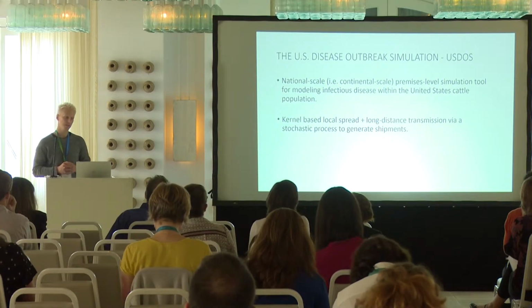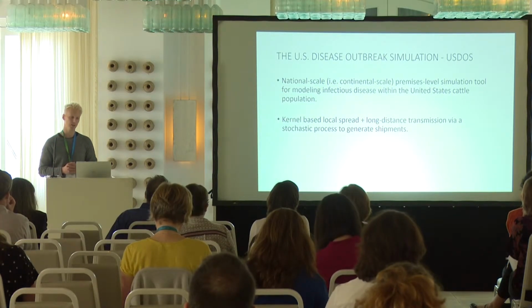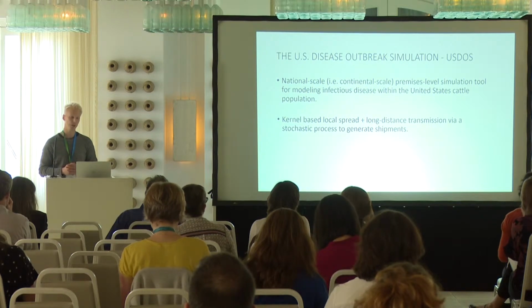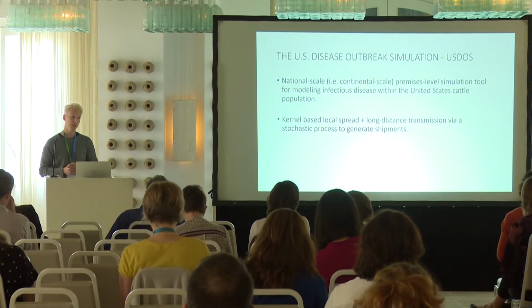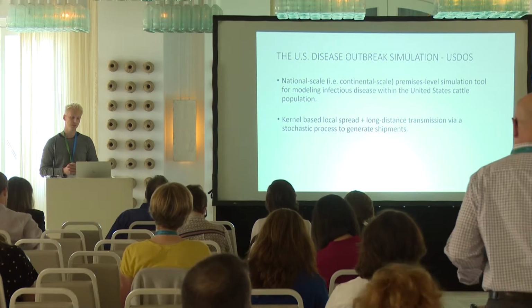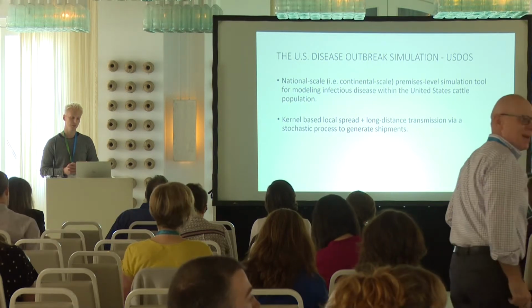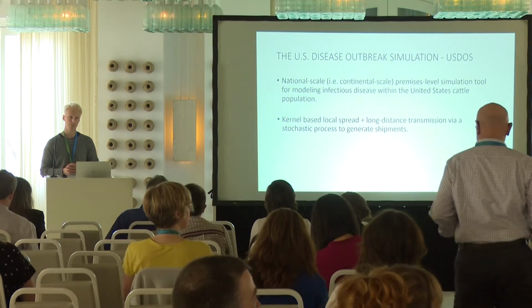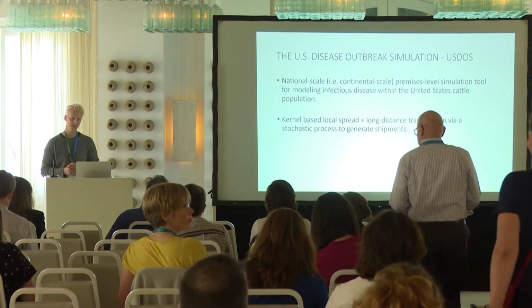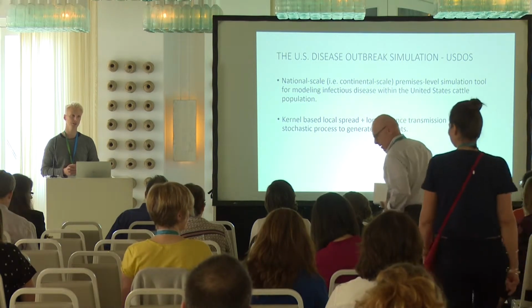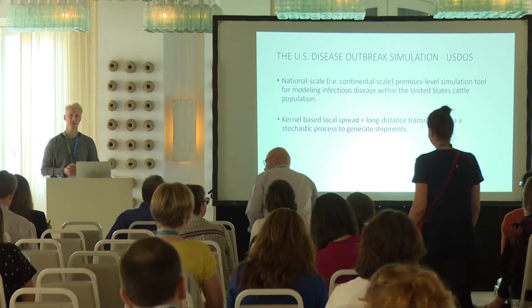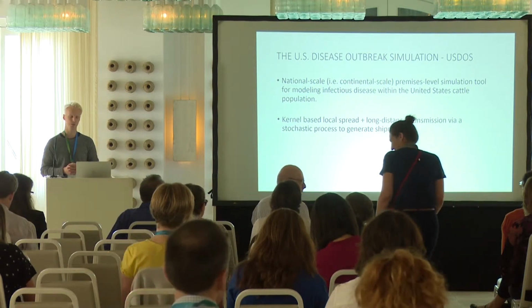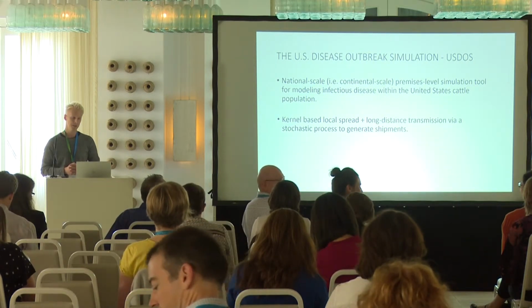And as I said, it's a national scale, premises level simulation tool for modeling infectious disease within the United States cattle population mainly. And when I say national scale, that of course means, since we're talking about the US, in practice almost continental scale.